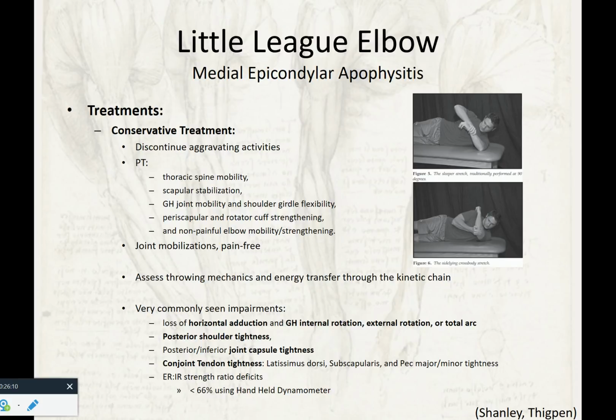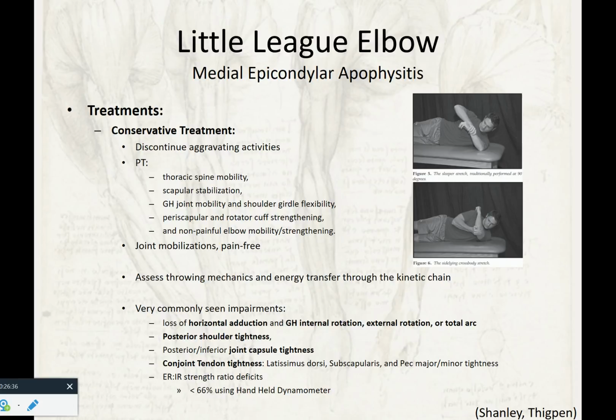Conservative treatment includes discontinuing aggravating activities. That's an obvious one. And then with physical therapy, much like our other treatments so far, you're going to address the whole athlete: thoracic spine mobility, scapular stabilization, glenohumeral joint mobility, and shoulder girdle flexibility as pictured on the right, periscapular and rotator cuff strengthening, and non-painful elbow mobility and strengthening drills.